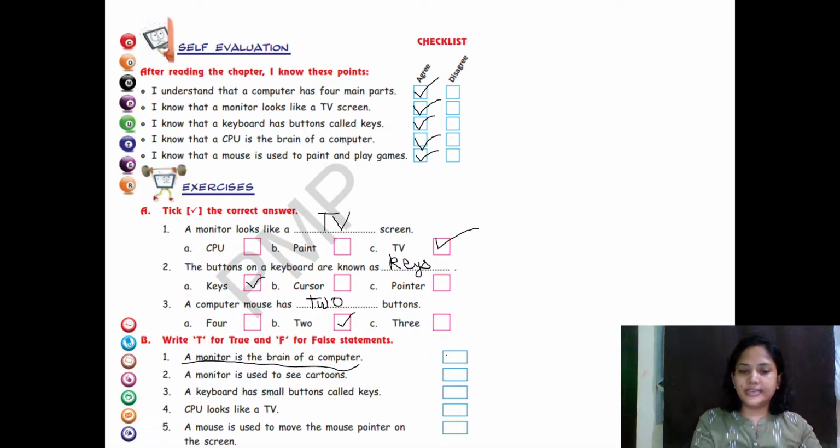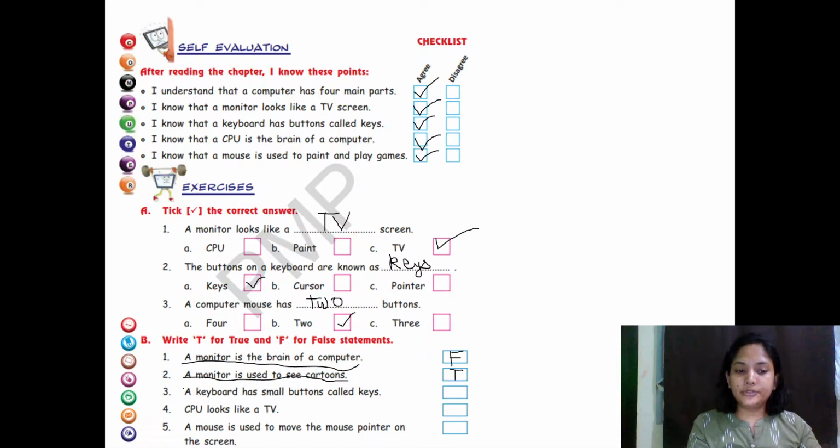So I will write this as no, false. Yes, very good children. Now next, a monitor is used to see cartoons. Is it true? We can see cartoons on the monitor. Yes, it is true. So I am going to write T here.